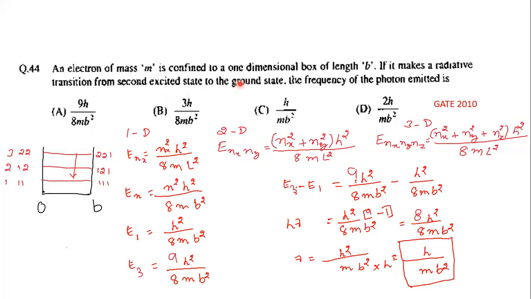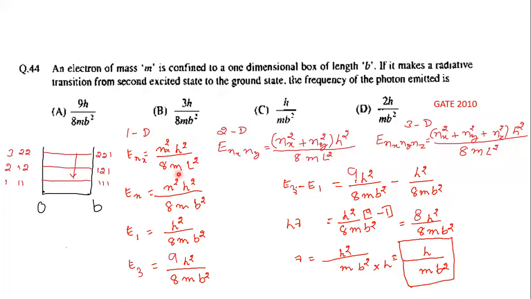As we are dealing with a particle in a one-dimensional box, this is the energy equation for a particle in a 1D box, and this is the energy expression for a particle in a 2D box. As we have seen earlier, for a particle in a 3D box we use the other equation. But for this problem, we need only the energy expression for a particle in a 1D box: En is equal to n square h square by 8 m L square.